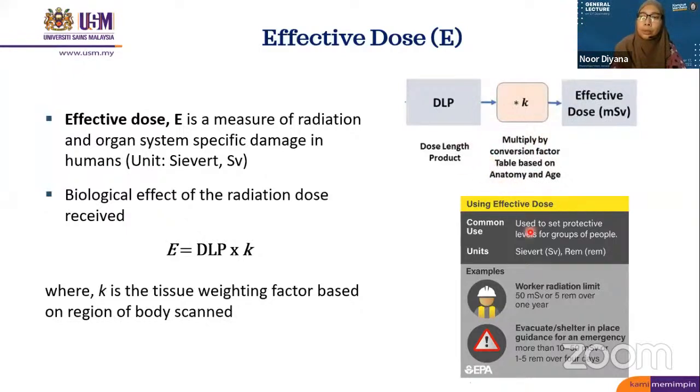Okay, so effective dose is actually used to set reference levels for a population. For example, when we want to set a dose limit for radiation workers, we talk in terms of effective dose.